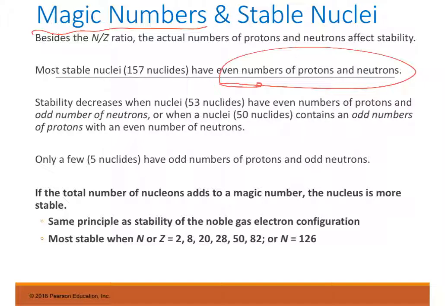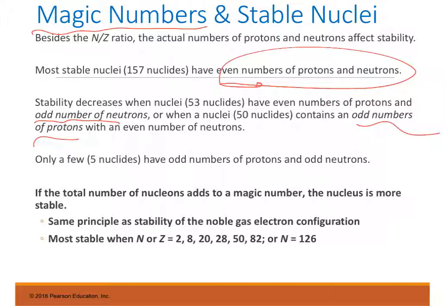So if you have, let's say, 20 protons and 20 neutrons, or 18 protons and 18 neutrons, that is more stable than, for example, 21 protons and 21 neutrons, okay? So if you have either an odd number of neutrons or an odd number of protons, even one of them being odd, it is less stable.